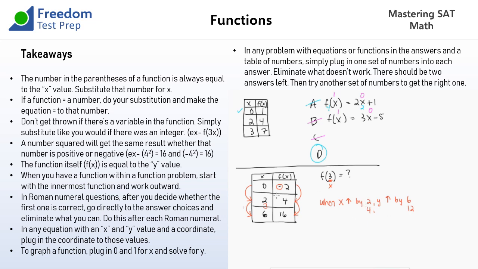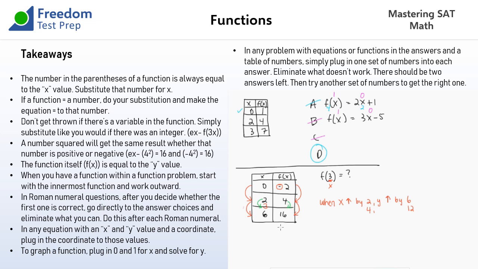Now, I think I'll do this in a different color. Now, if we had x going up by 1, because we're trying to find f of 3, if x goes up by 1, what would y go up by?